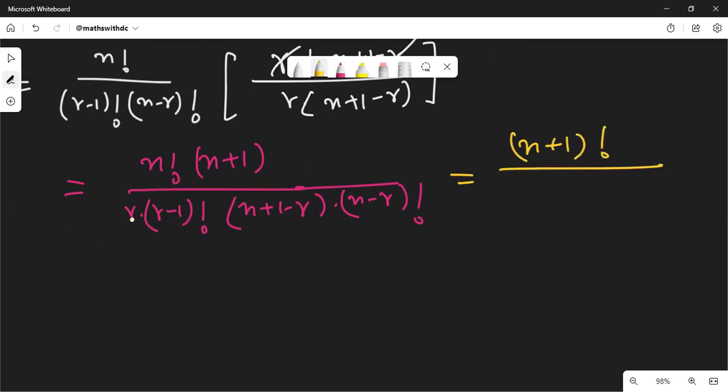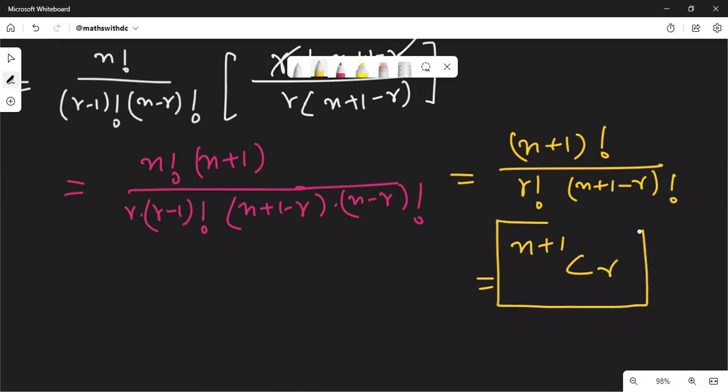Similarly, in the denominator, r times (r minus 1) is r factorial. And this is (n plus 1 minus r), and this is (n minus r), and this is one bigger, so the factorial will be taken on (n plus 1 minus r). So this thing here can be written as (n plus 1)Cr. All right, so this is proved.